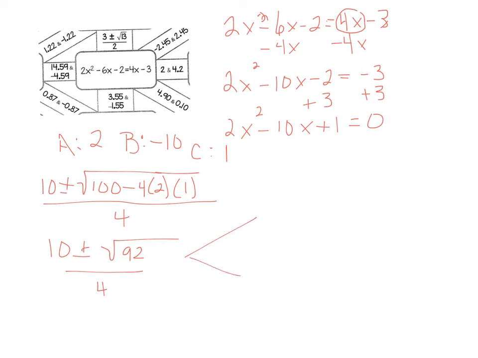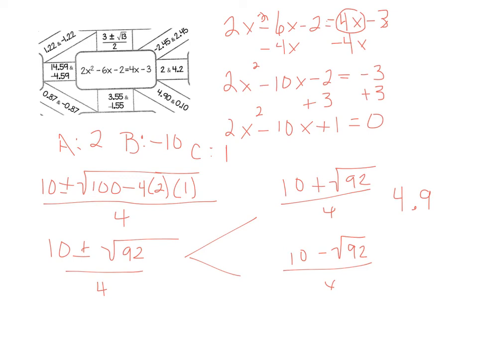Now we can split it. We'll have 10 plus root 92 over 4. 10 minus root 92 over 4. So I've got 10 plus the square root of 92 equals divided by 4. So the first one I got 4.9 when rounded to the hundredths.